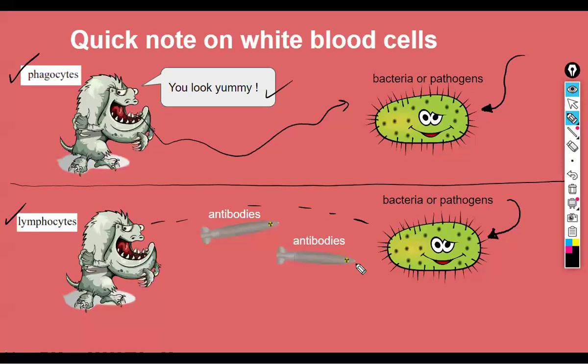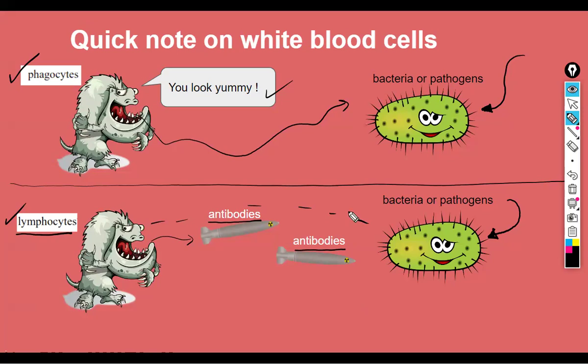They look at their enemies, get to know their enemies, and pinpoint all their weaknesses. Once the lymphocytes figure out the weakness of the pathogen, it creates something called antibodies. It will release the antibodies, and these antibodies target the weakness of the pathogens. So the antibodies destroy the pathogens. The white blood cell itself doesn't actually make full contact with the pathogens and eat it. Like I said, it's a little bit more sophisticated.